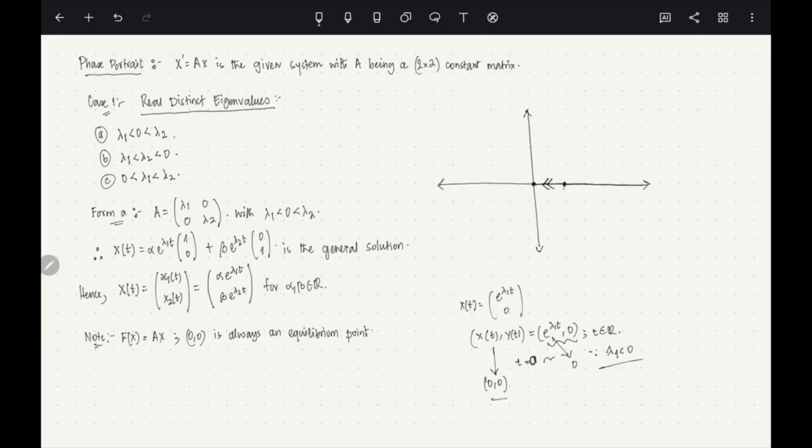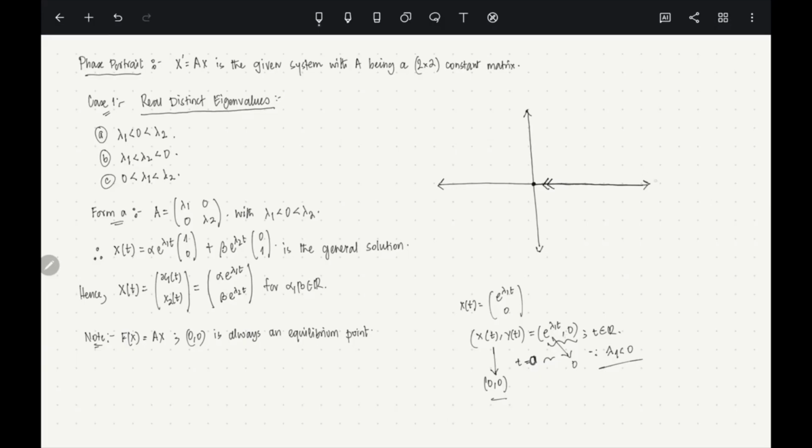You don't have to draw this particular line. I just drew it for the purposes. This is (1, 0). At t equals 0, it is somewhere here, and after that as t tends to infinity, it is going towards here. As t tends to minus infinity, this is actually blowing up, going towards (minus infinity, 0).